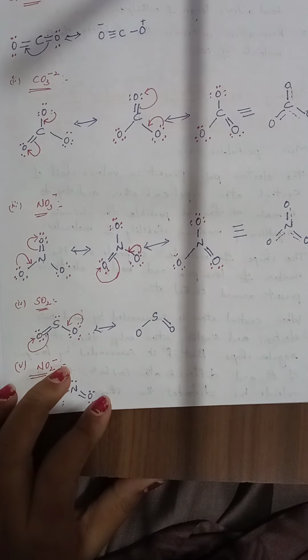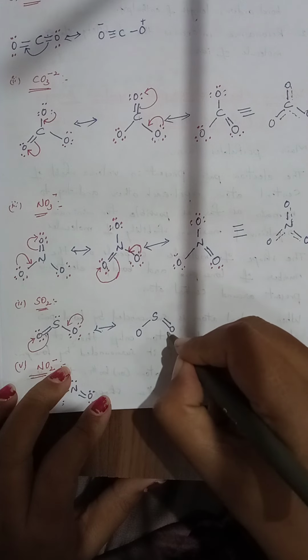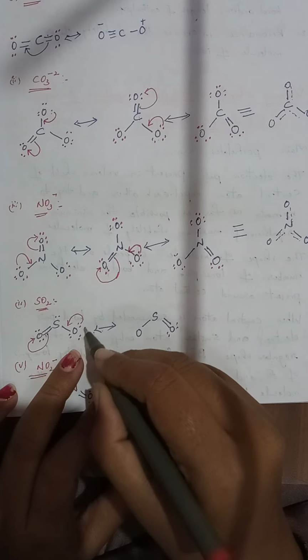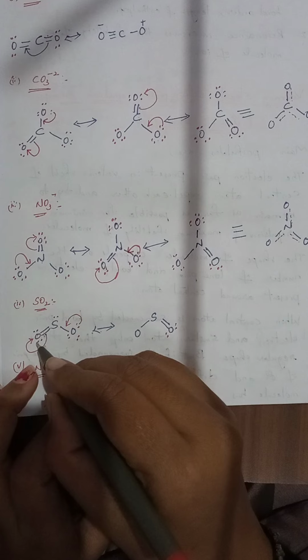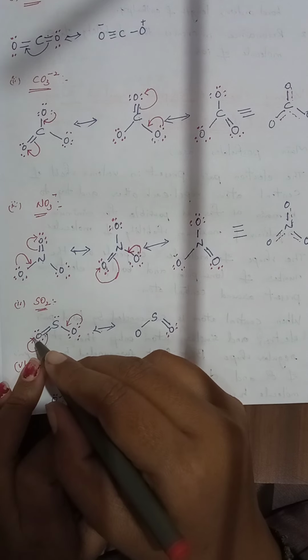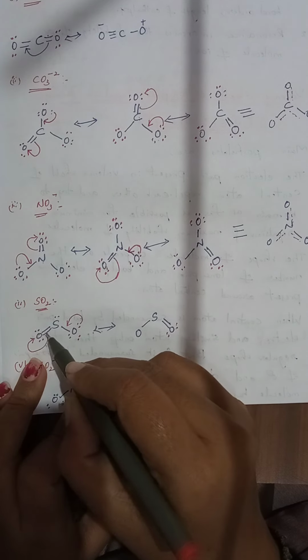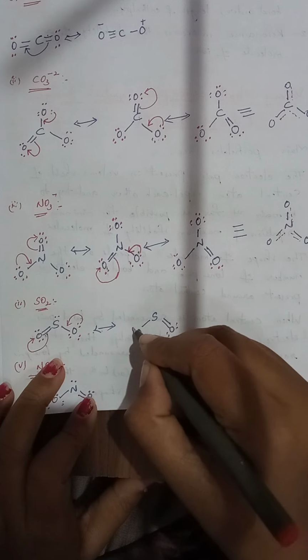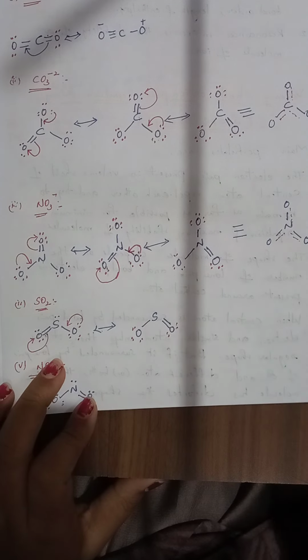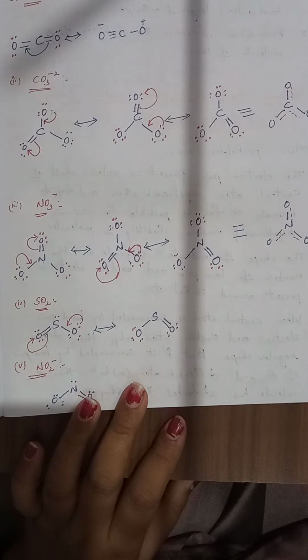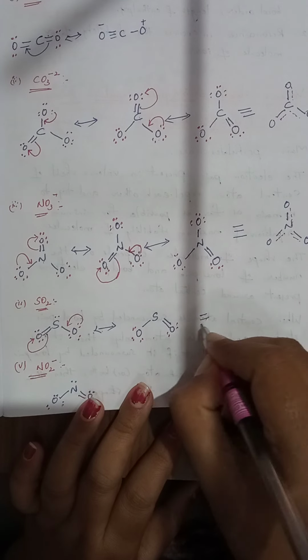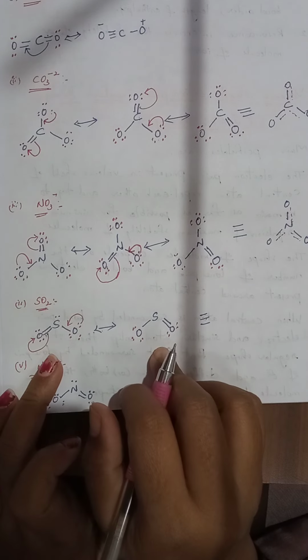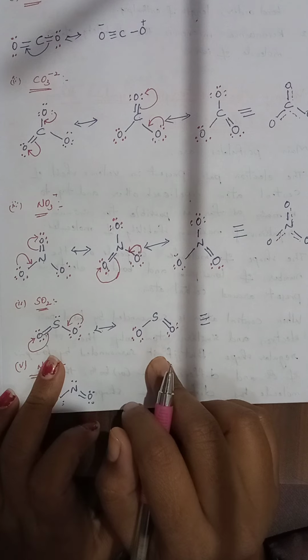It contains only 2 lone pairs because one pair was involved in the formation, whereas the first oxygen was containing only 2 lone pairs. Due to the movement of pi bonded electrons here, it will have 3 pairs of electrons. Understand? Only 2 resonating structures are possible for sulfur dioxide.